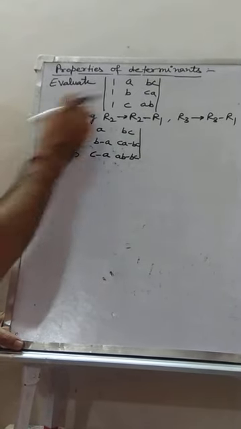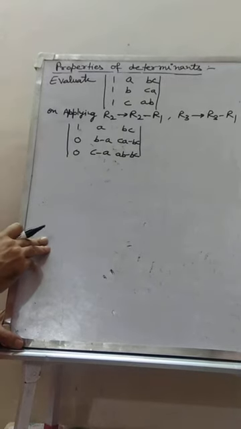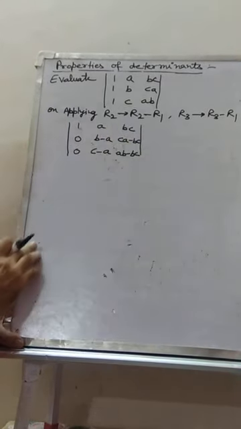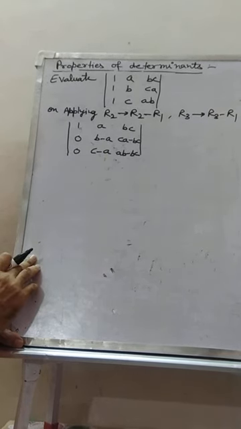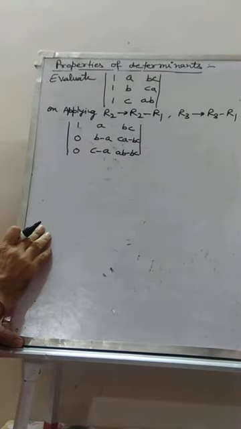Now if we expand it, it will be easier. But before expanding, check whether anything is common in R2. Yes, we may take common. What may we take? We may take b minus a as common.